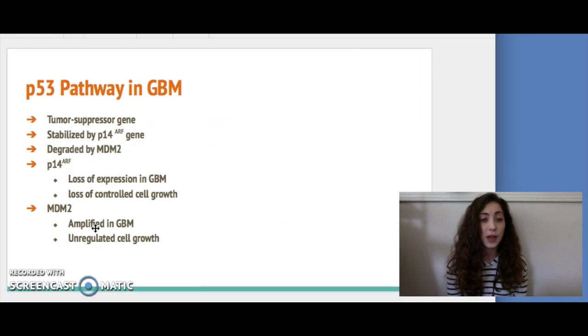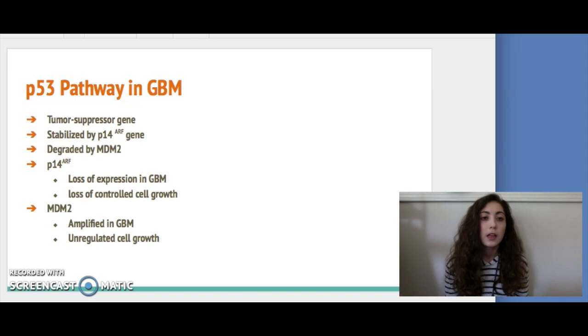And so the p53 pathway in GBM: p53 is stabilized by the p14ARF gene. In GBM, p14 is no longer expressed, so there's nothing stabilizing p53, and if p53 is less stable, then it can't regulate the cell cycle correctly, which is bad. It can cause excessive cell growth, just a tumor.